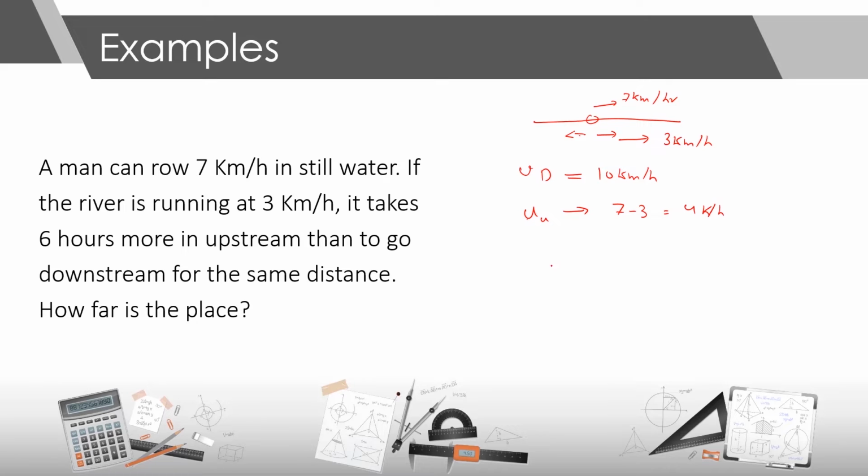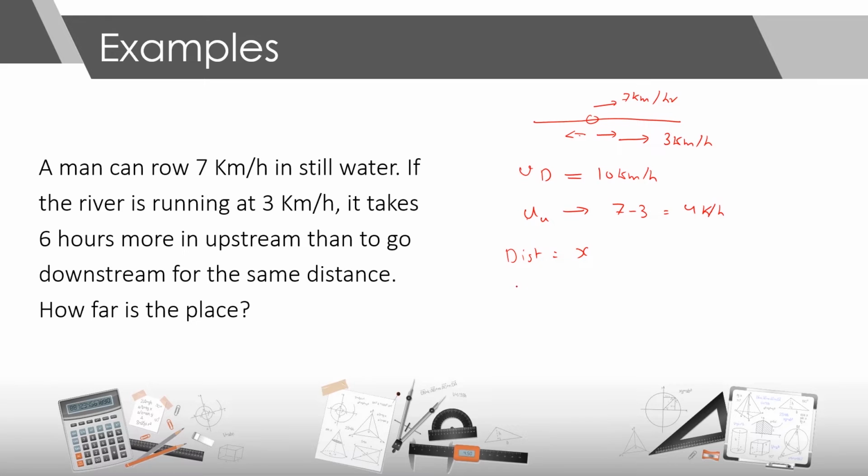So if the person moves at 10 kilometers per hour downstream and at 4 kilometers per hour upstream over the same distance, he will take an additional 6 hours at the speed of 4 kilometers per hour. This is the equation that we have to write and solve. Let's assume that the distance between the 2 points is x.